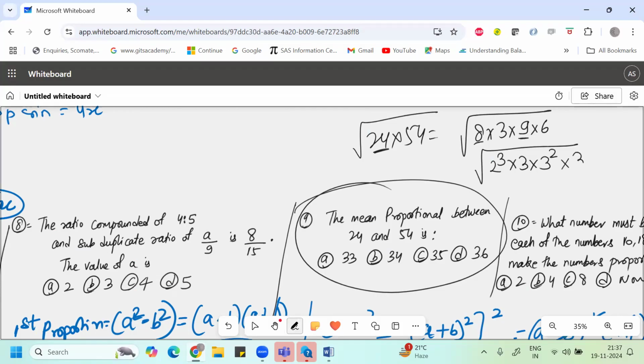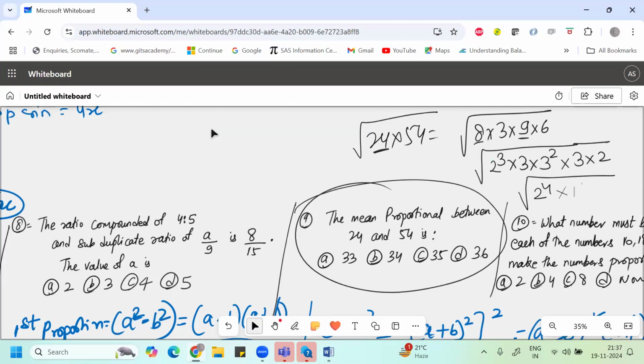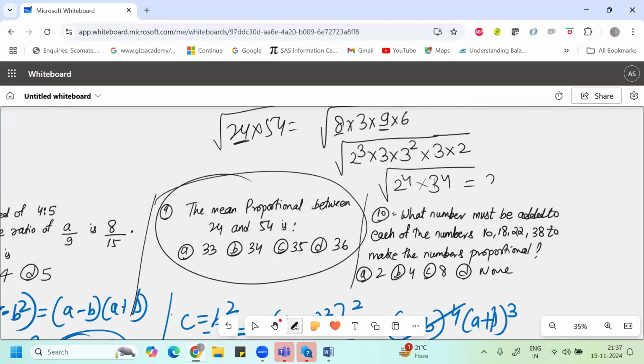If you take the factors, this becomes 2 to the power 4 into 3 to the power 4. What is the square root of 2 to the power 4? 2 square. The square root of 3 to the power 4? 3 square. This is 4 into 9, which means 36. Clear now?